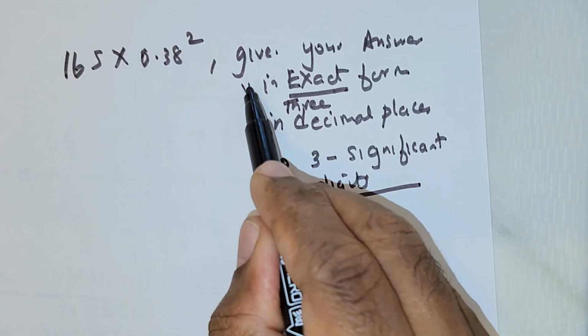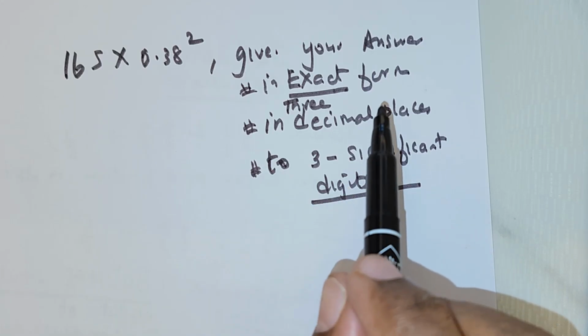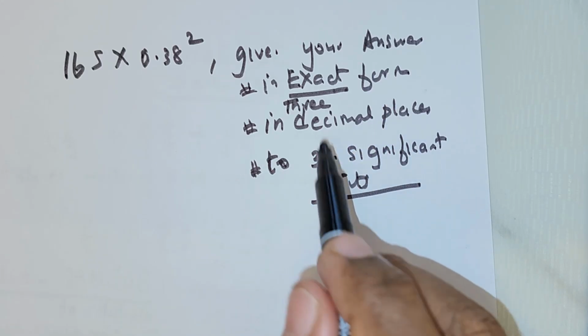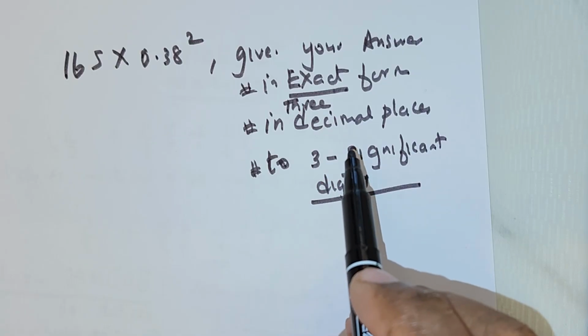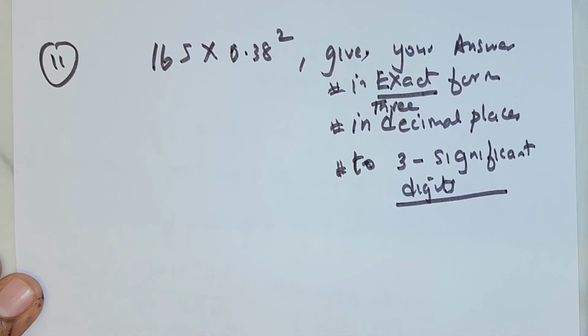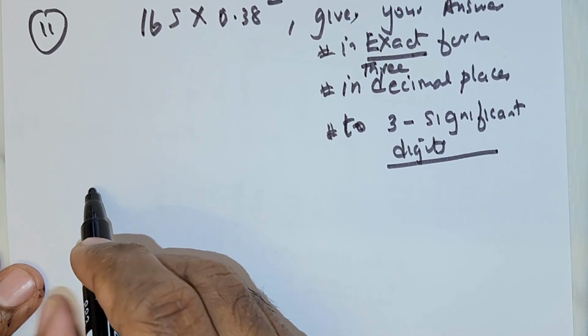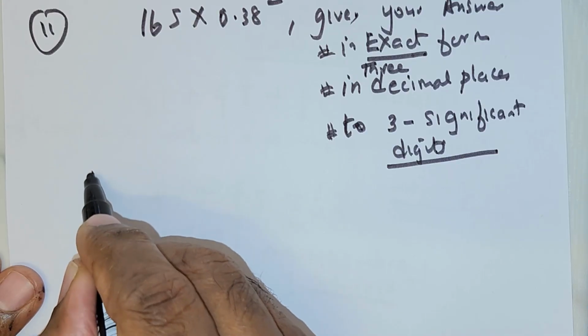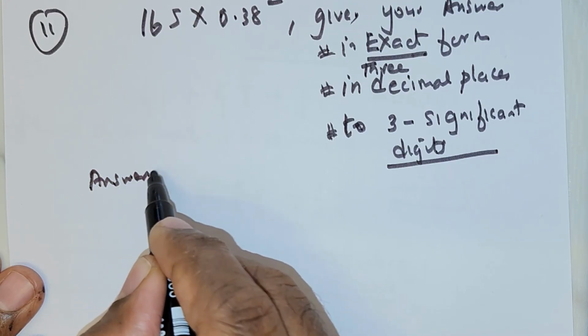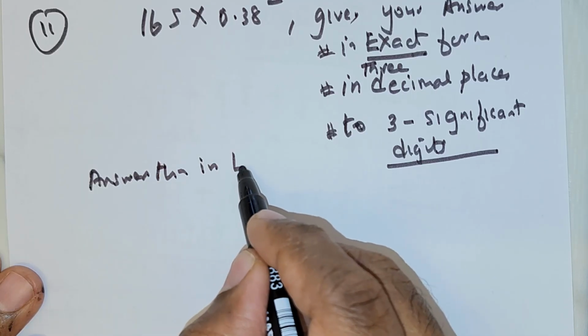Now, all of these things are different. I'm going to explain to you how these questions are handled. But let me first show you how to answer this question in exact form.